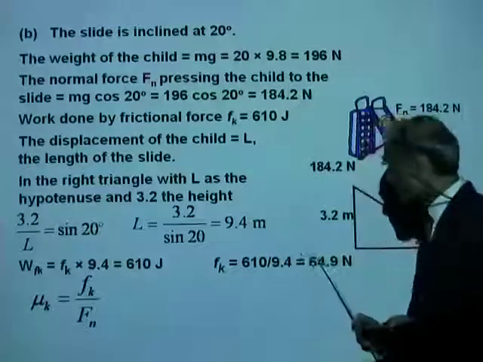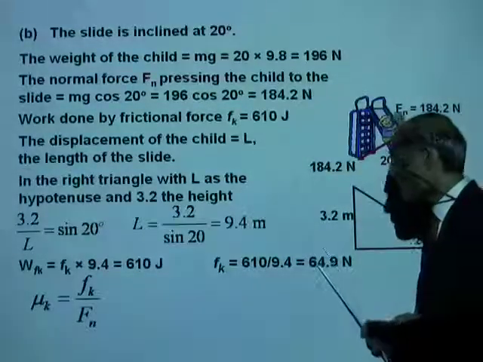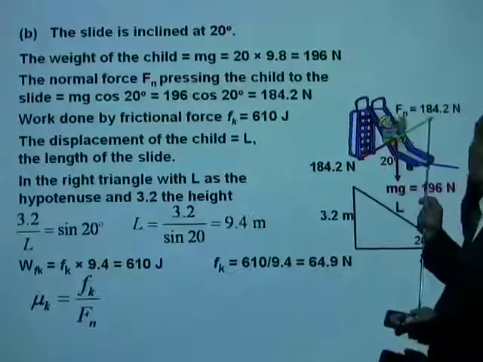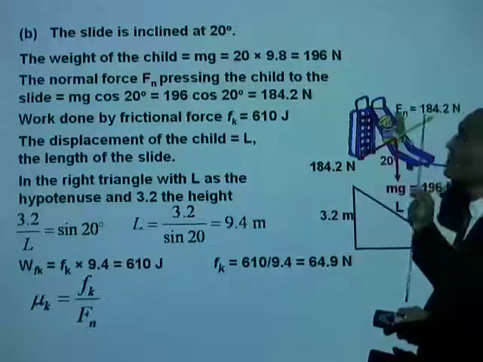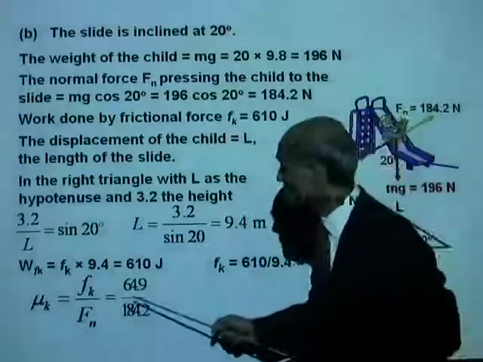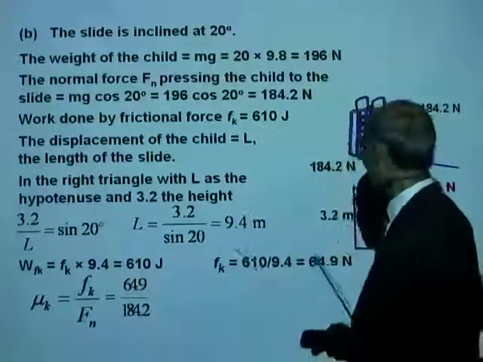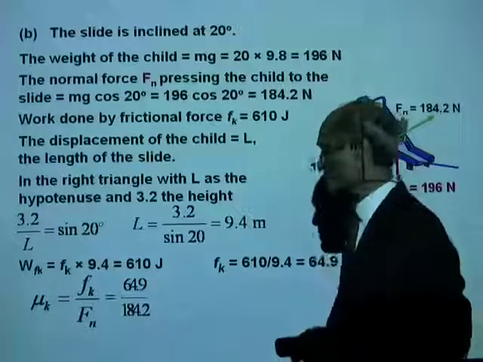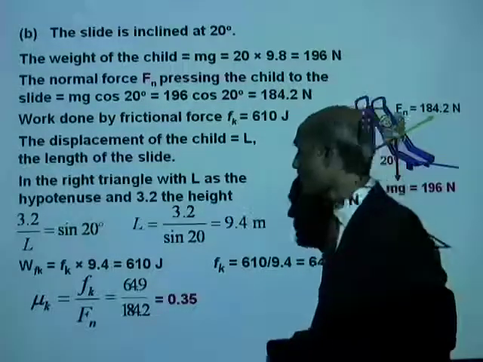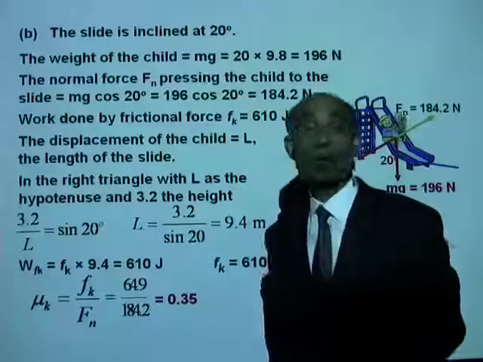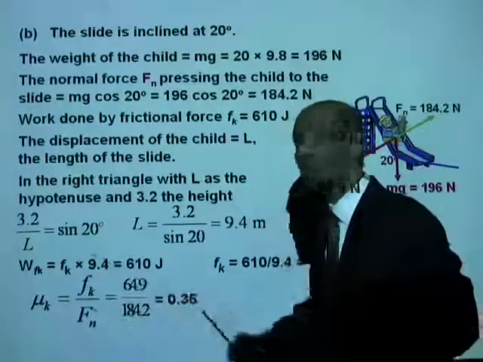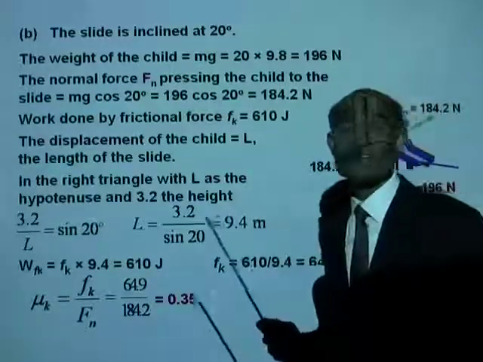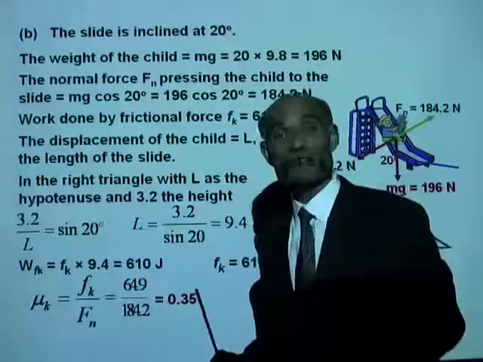The force of kinetic friction is 64.9 Newton. The normal force is 184.2 Newton. So that will be 64.9 divided by 184.2. That is 0.35. The coefficient of kinetic friction between the slide and the child is 0.35.